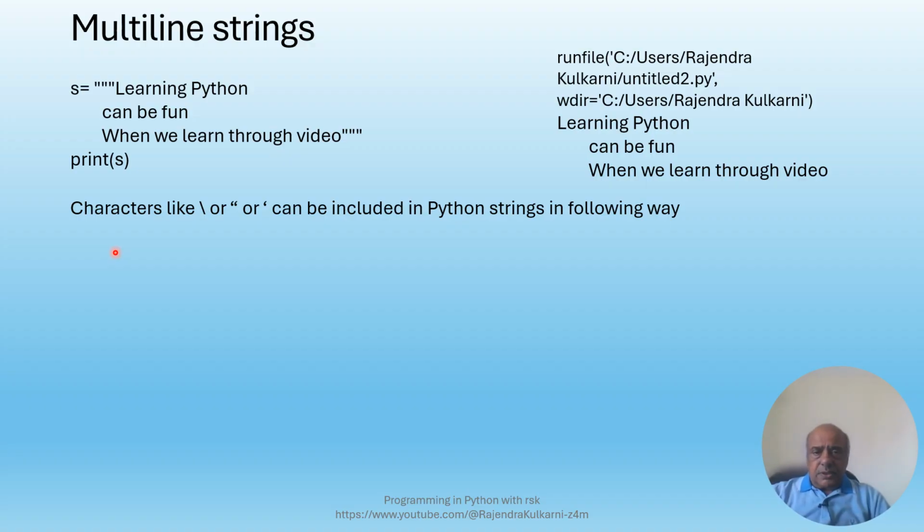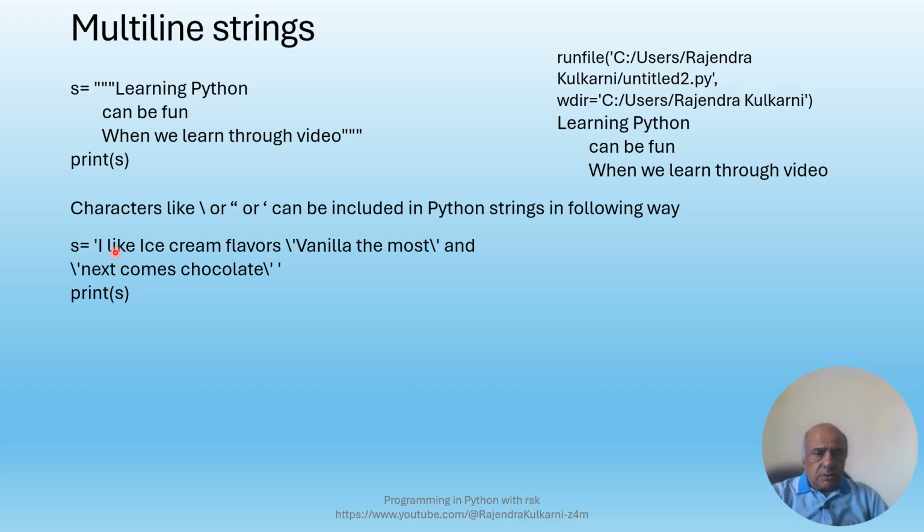There are some escape characters in Python which are very widely used in strings. Now this example: I like ice cream flavors. I want this string to appear as it has been entered: 'Vanilla' the most in single quotes, and next comes 'chocolate' in single quotes.